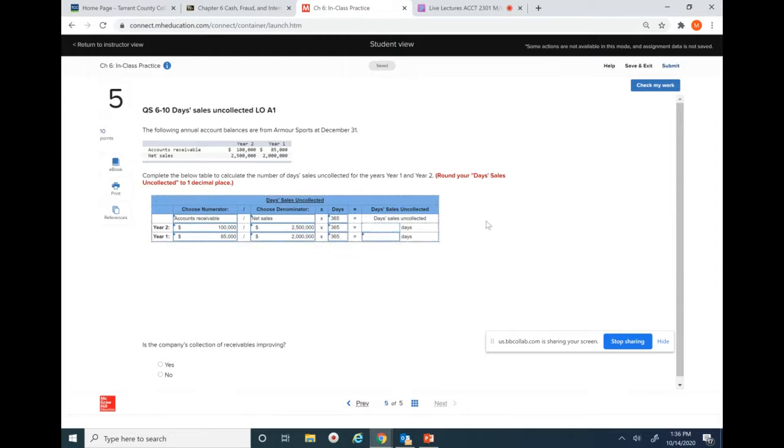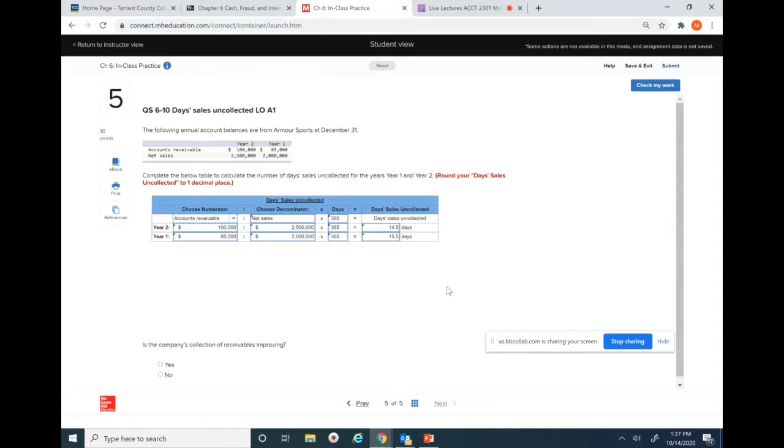So when I do that, we need to round to one decimal place. So when I make the calculation, 100,000 divided by 2.5 million times 365, I can see the rounded year two. It takes 14.5 days to collect the sales receivable, and year one was 15.5.